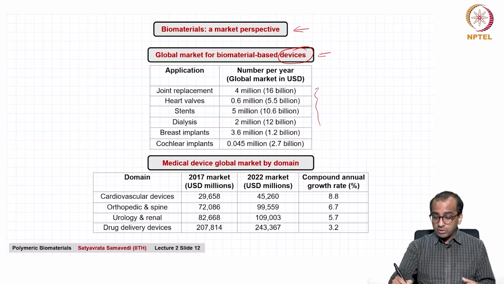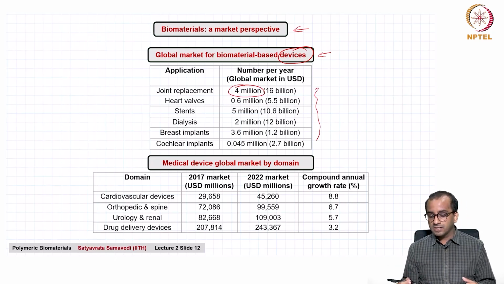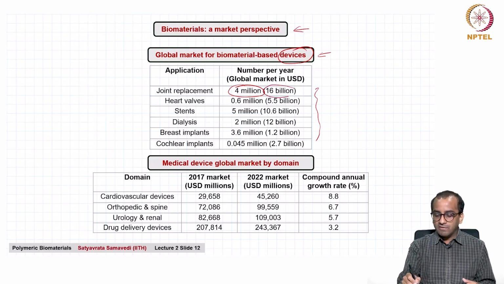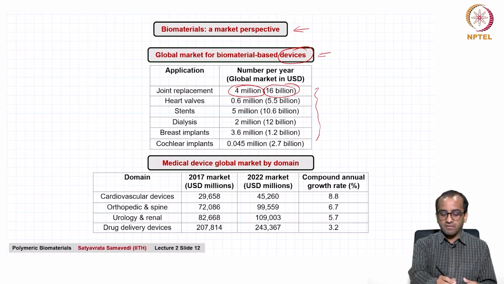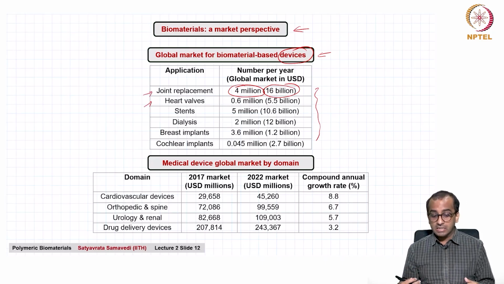So, here what is shown here is the first number is simply the number per year, and the global market in US dollars is shown in parenthesis. And these numbers are mind boggling. You have along different categories like joint replacement, heart valves, stents, dialysis, breast implants, cochlear for the ear implants.